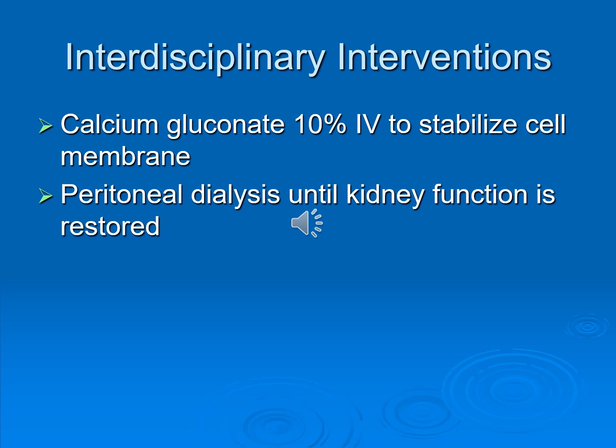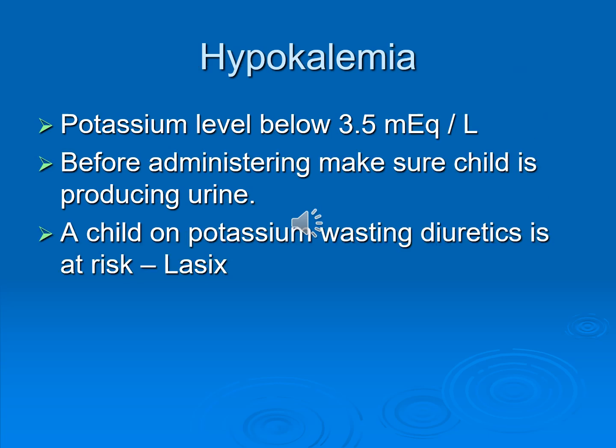Some interventions for hypokalemia would be calcium gluconate, 10% IV to stabilize that cell membrane, and peritoneal dialysis until that kidney function is restored. With hypokalemia, you are going to see low potassium levels. Those potassium levels will be lower than 3.5.